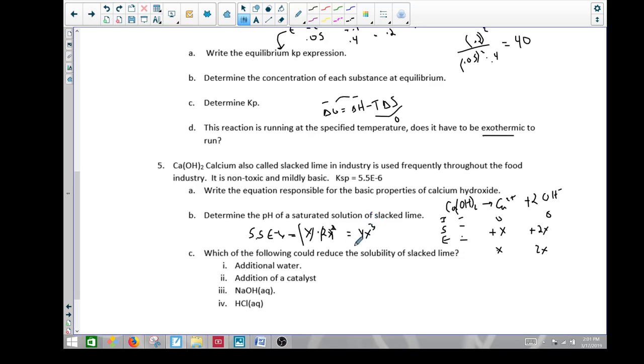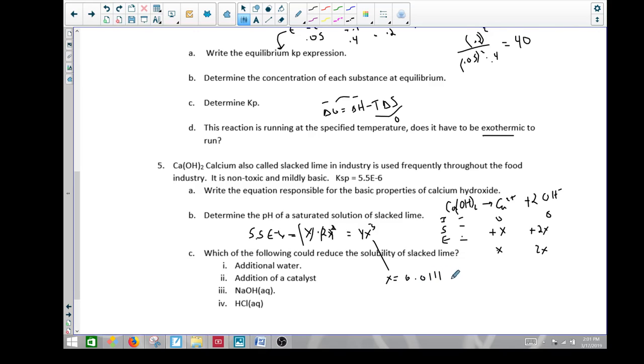I'll divide the 4 out and cube root it. 5.5 e to the negative 6 divided by 4 and raised to the power of 1/3, and I get 0.011. All right, so in this case, x equals 0.0111.